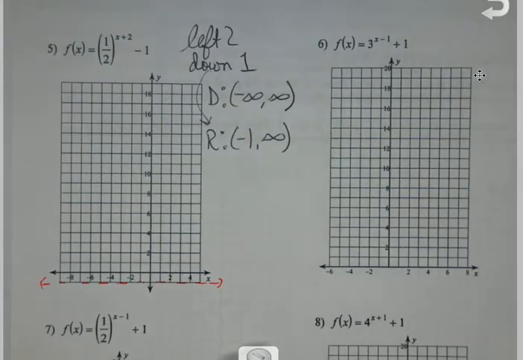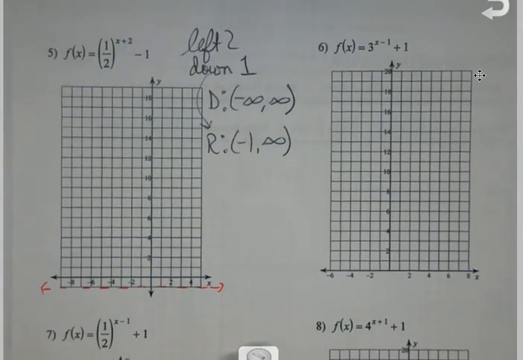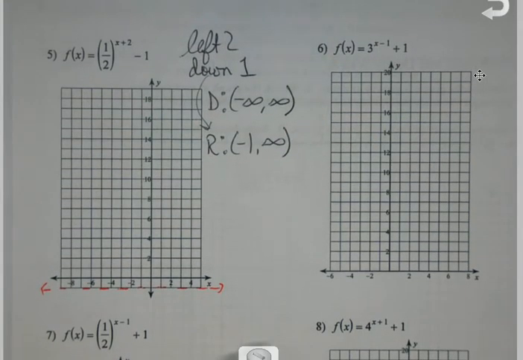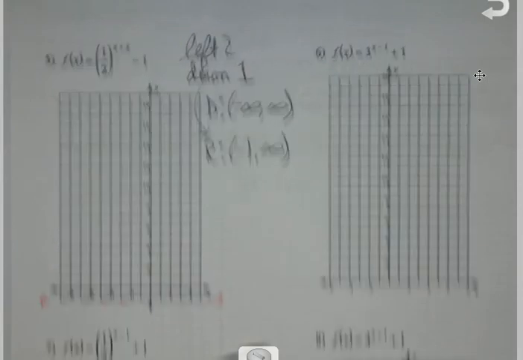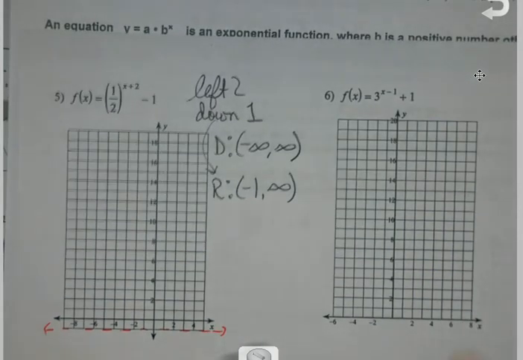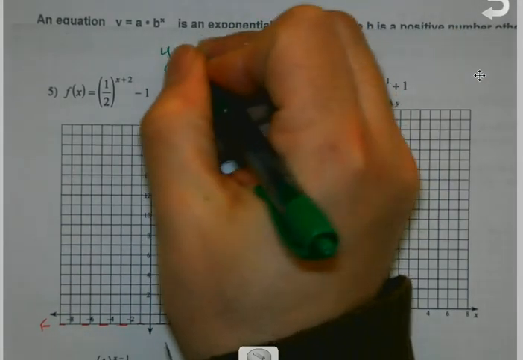Sure. It says that we have to do the growth and decay. Yes. So, what the heck would that mean? Okay, so the same rules still apply when I'm trying to figure out growth or decay here. What's my B value? Okay, reminders. Oh, maybe 1/2.